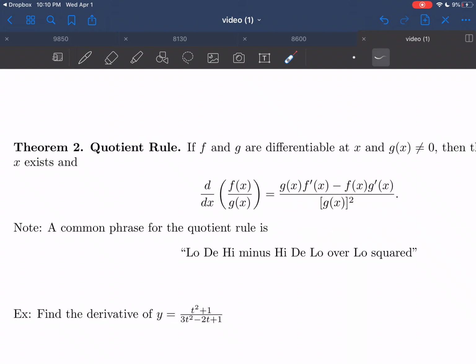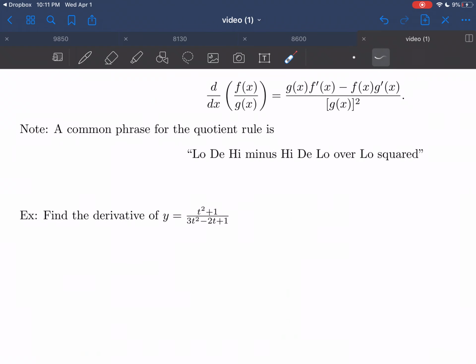So low d high minus high d low over low squared. If that works for you, great. If not, and you've got some other little catchphrase or whatever you need to help you remember this formula, okay, just like for any of our other formulas. That one's just a common one that's used.